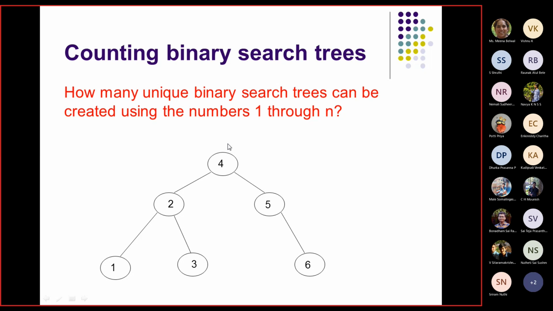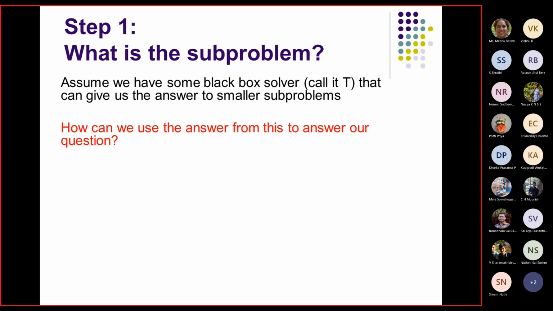Once I have placed a particular node in the root, then I have to see how many trees I can make from its children. So what is the sub problem? Step 1 is, assume we have some black box solver, call it T, that can give us the answer to smaller sub problems. How can we use this to answer our question?